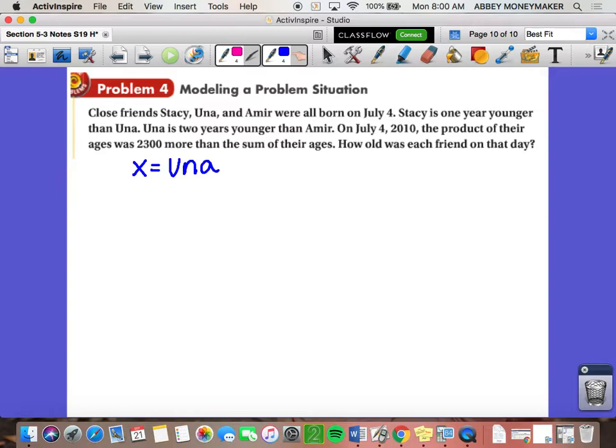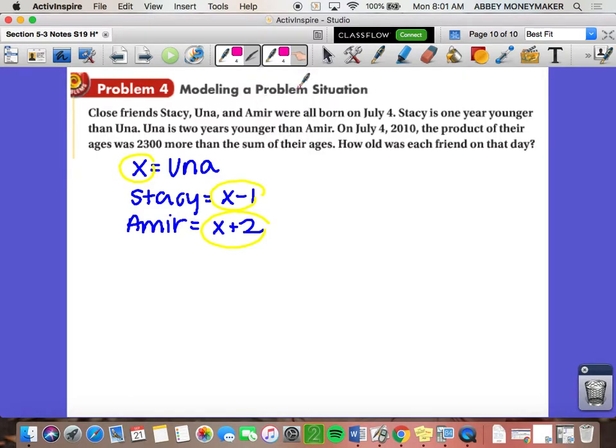So it says here Stacy is 1 year younger than Una. So Stacy would be x minus 1. And then Una is 2 years younger than Amir, so we need to take Una's age and add 2 years to it. So there we go. We have all of our variables: x minus 1, x, and x plus 2.